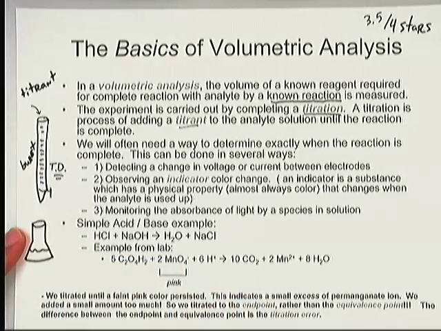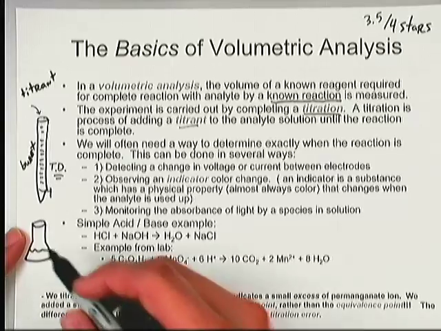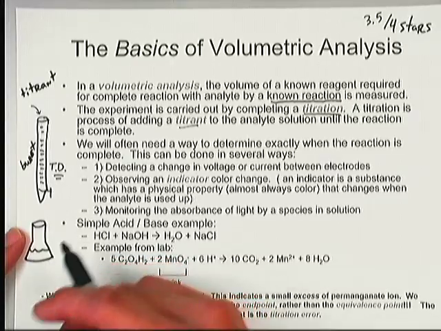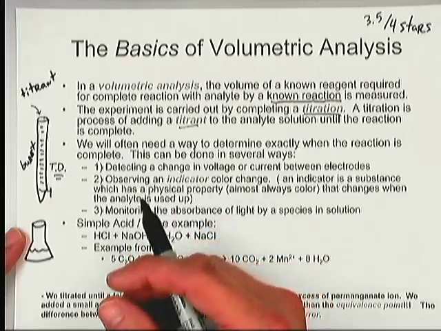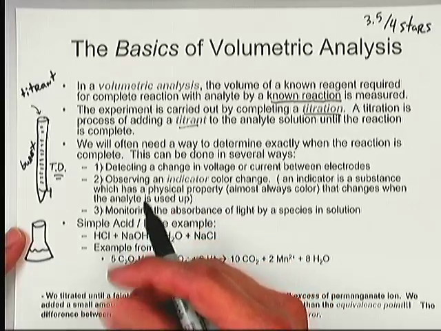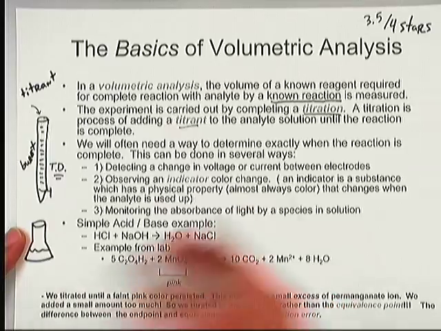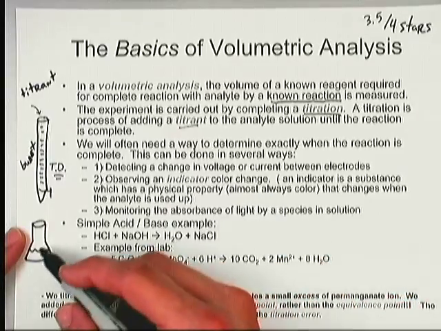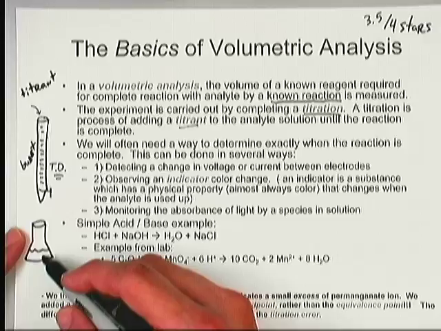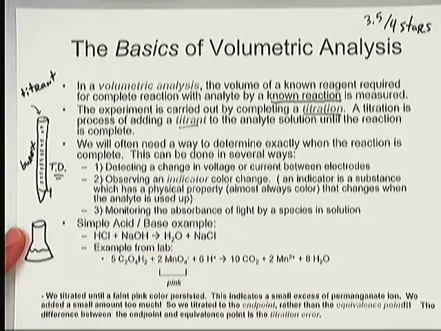The end point is usually signaled by some color change in the solution, or some other physically sensible phenomenon. Maybe it's using a pH electrode, where we see a huge pH change, but there's either a color change or some physical chemical change that we can monitor either using a device or just visually. When that endpoint occurs, we stop the titration.